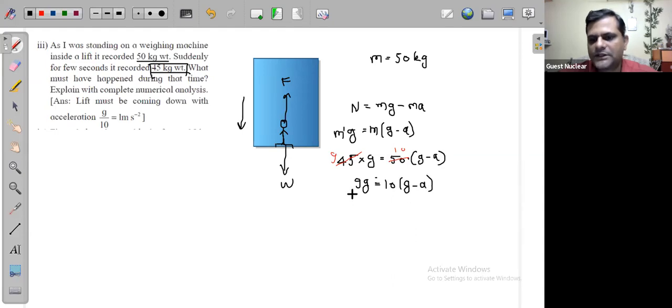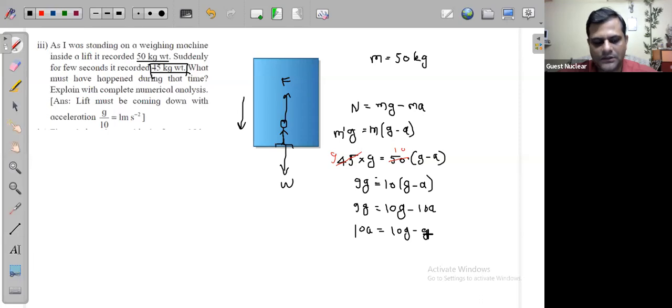And if we simplify this further, then we get that 9g is equal to 10g minus 10a, right? So we can shuffle the terms, bring this 10a to this side and shift this 9g to that side, so that we get 10a equal to 10g as it is, and here this minus 9g will be left.